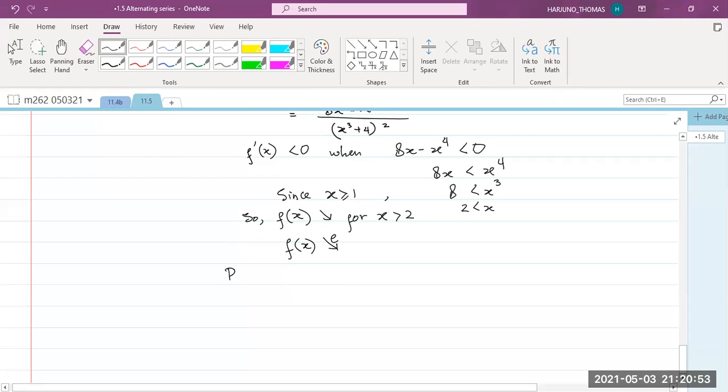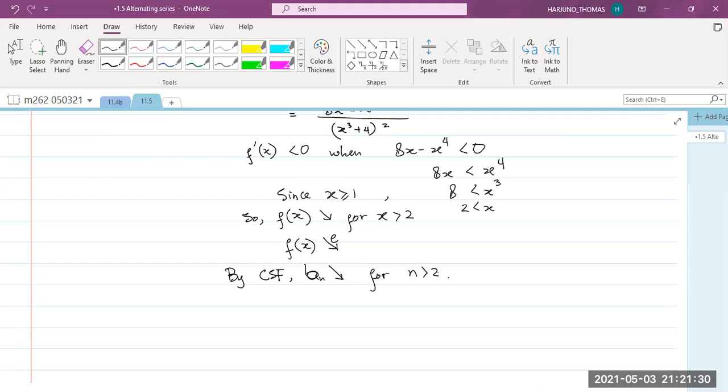By the continuous superposition function, B sub n is eventually decreasing. Or you can say Bn is decreasing for n greater than 2, where you become more specific about after what number the positive term becomes decreasing.